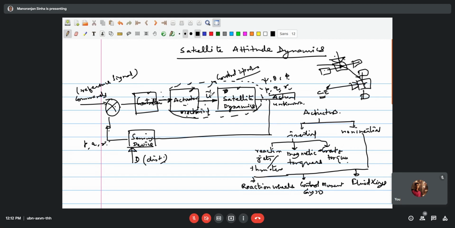So instead of writing u tilde here, we can also write it differently. And here the actuator, whatever the actuator gets deflected, let us say in the case of the control moment gyros or the reaction wheel. So in the case of the reaction wheel, once you accelerate it in this direction, you will get an opposite reaction in this direction.